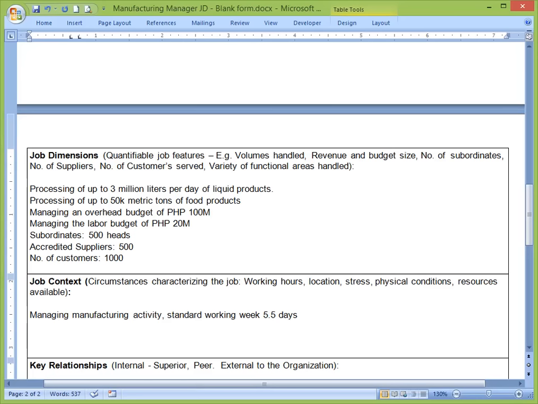Okay, let's say the plant is located 100 kilometers away, in the outskirts. So when you are recruiting and hiring managers, you have to explain this to them before they start their work. Here's your job description.